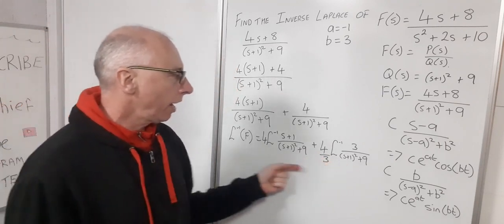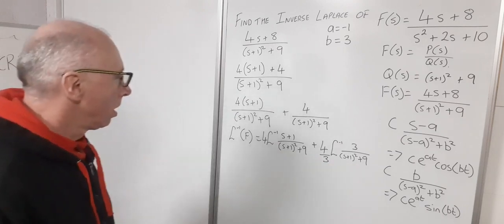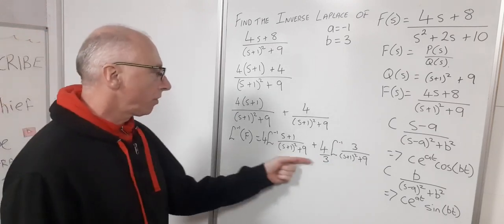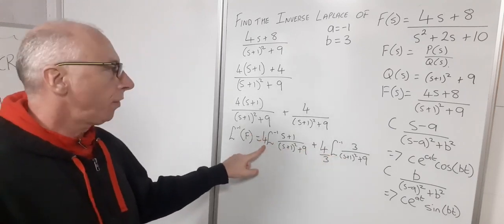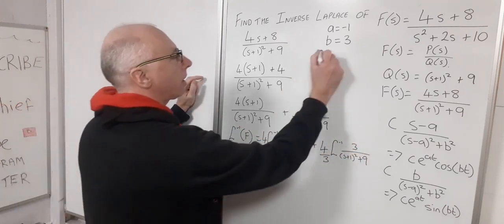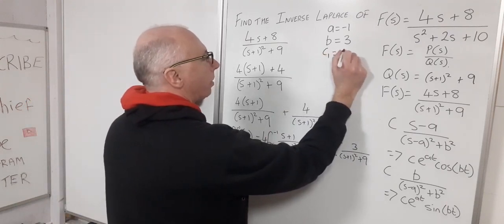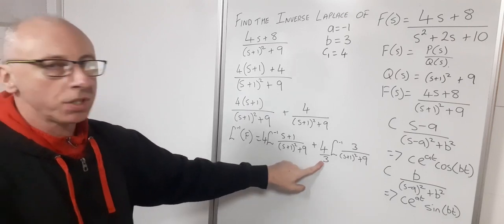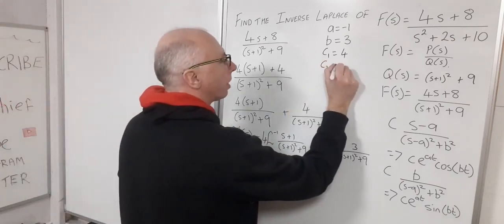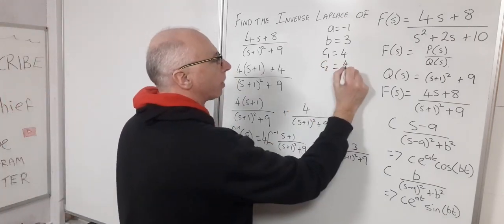So now we've got our Laplace transform in the manner that we want it. We've got a 4, which is our c. So here c1 equals 4. That's this one. And here we've got c2, our second constant, that equals 4/3.